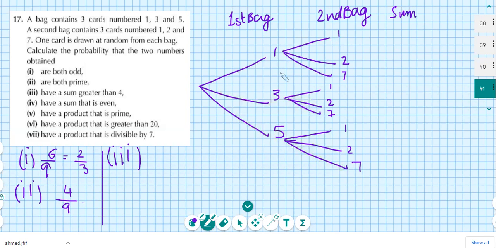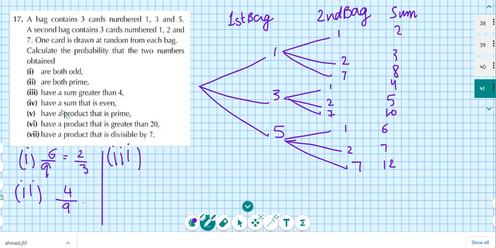The sums of the two numbers: 1 and 2 gives you 3, then 8, then 3 plus 1 is 4, 3 plus 2 is 5, 3 plus 7 is 10, then 6, then 7 and 12. So these are the sums of numbers in each branch.